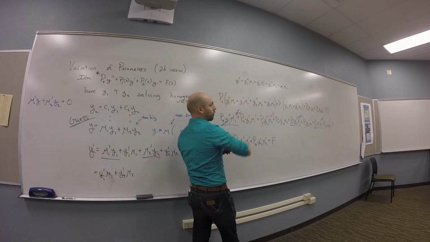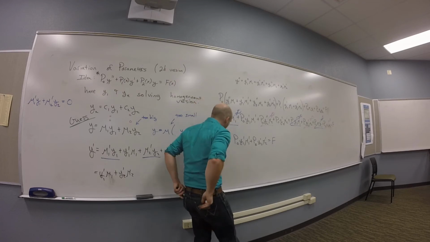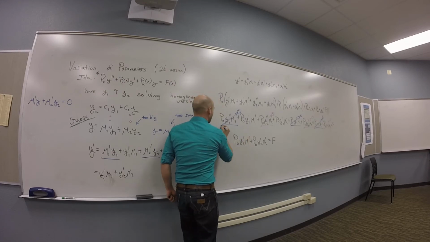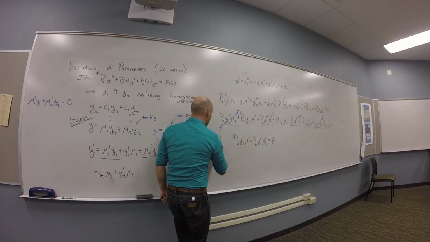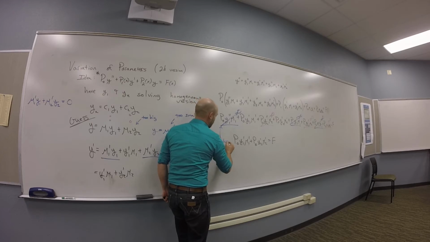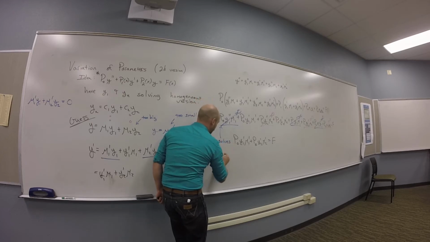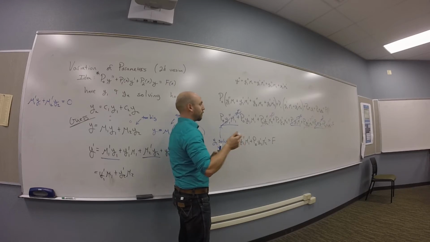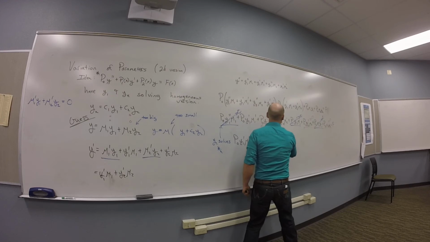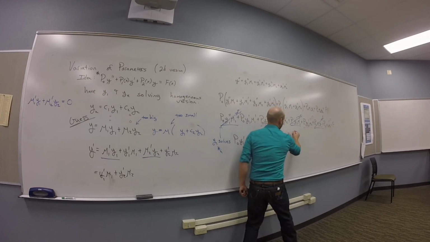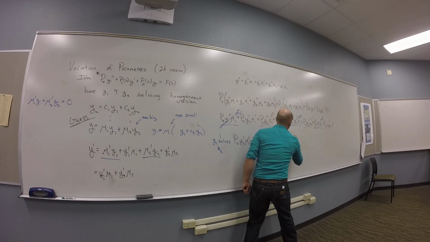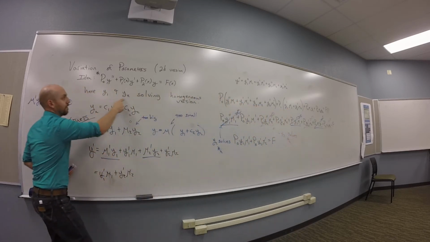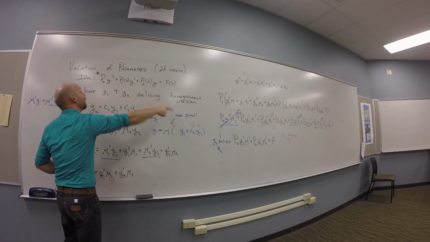Yeah, the blue is because y1 solves star homogeneous, and the pink is because y2 solves star homogeneous. We know that because we were told we have a y1 and a y2 that solve the homogeneous version of star.